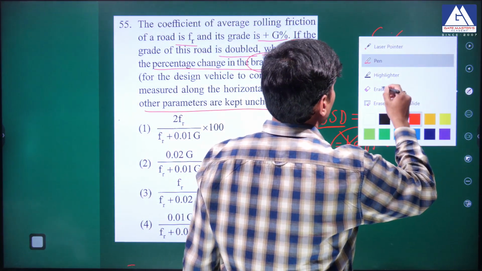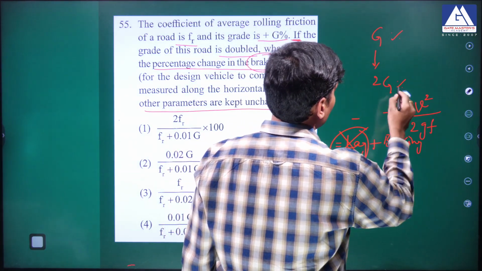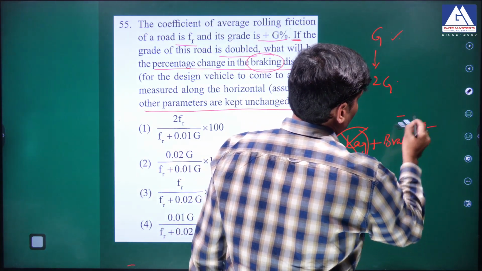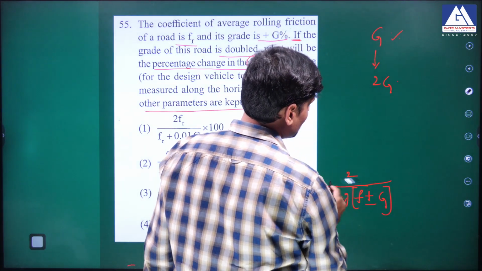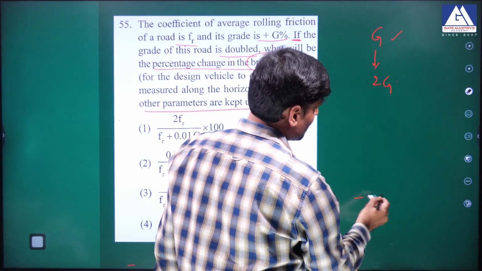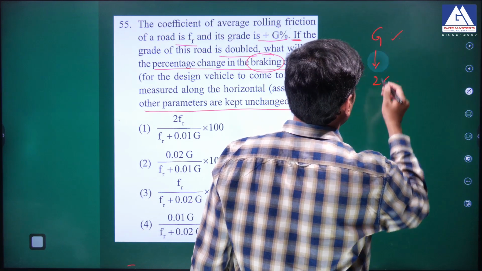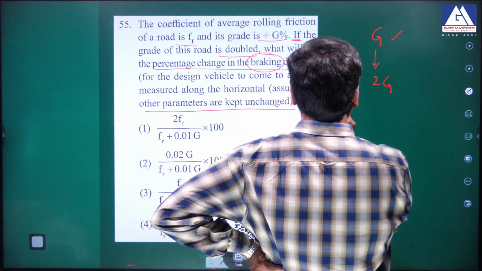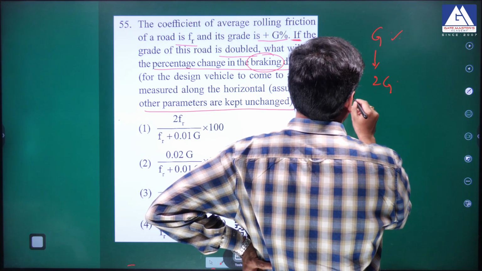So therefore, there are two cases here. In one case, g remains g. In another case, g is going to be doubled. So therefore, here the braking distances can be written something like this, right?